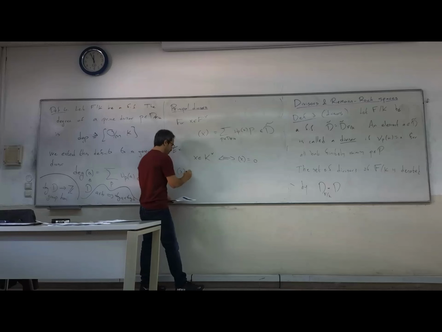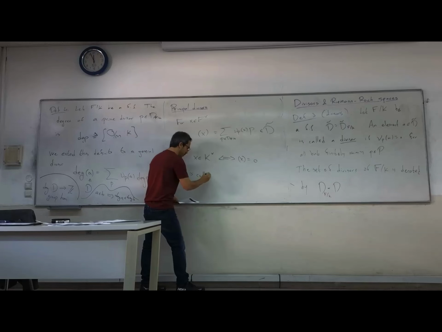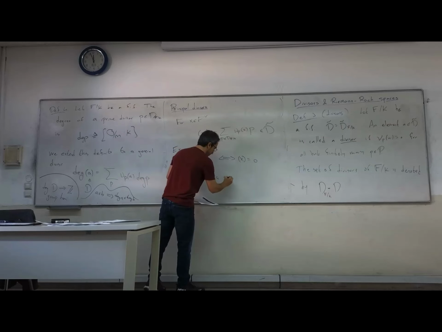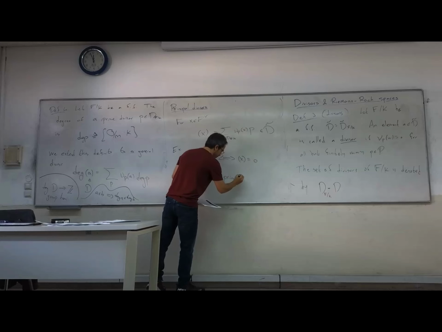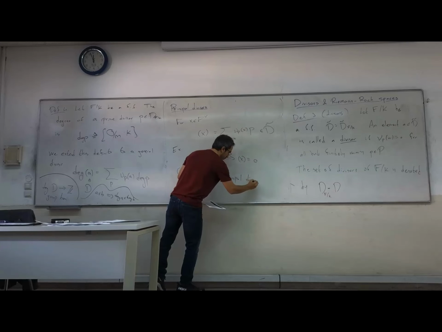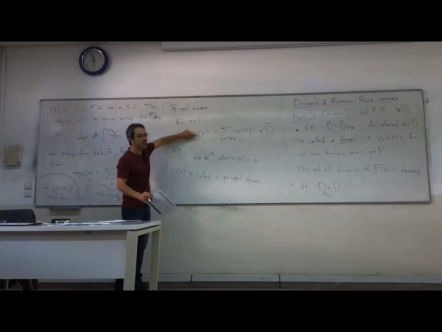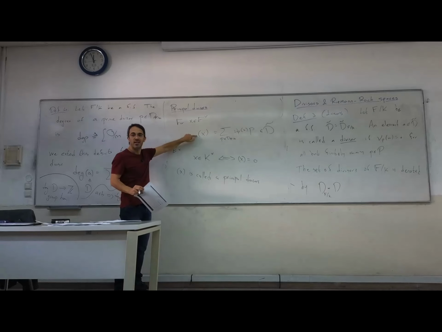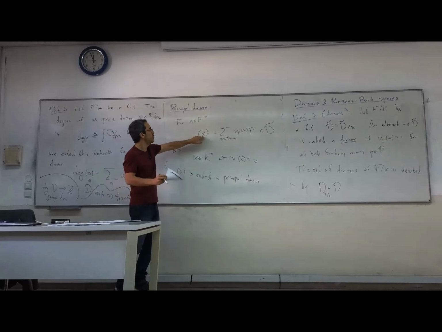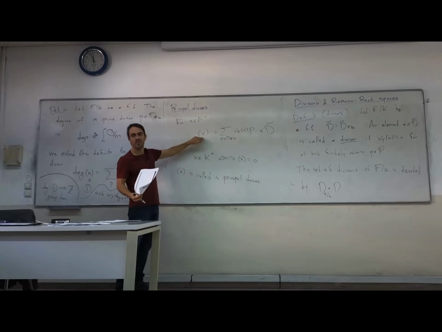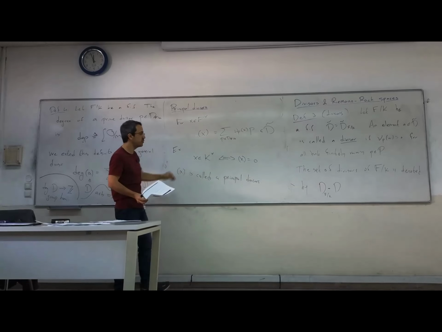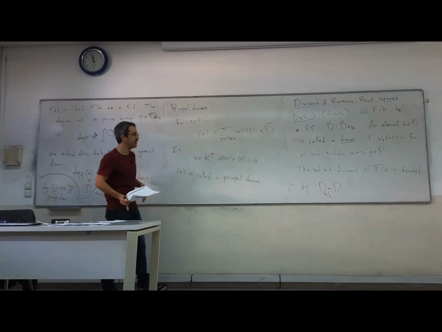So x is called a principal divisor. You can cook up all kinds of divisors, but some of them will come from functions, and the principal divisors are those divisors that come from functions. Not all divisors will come from functions in general.